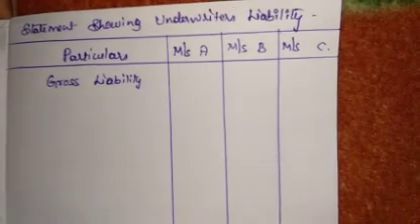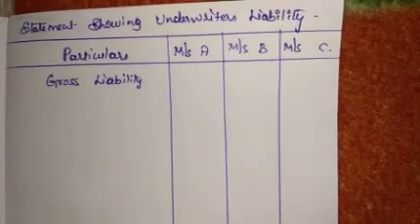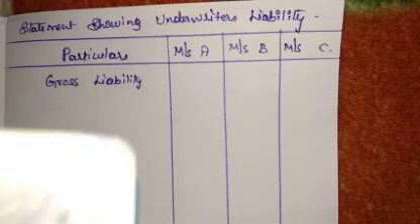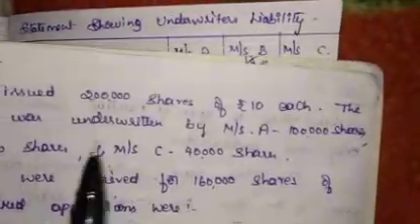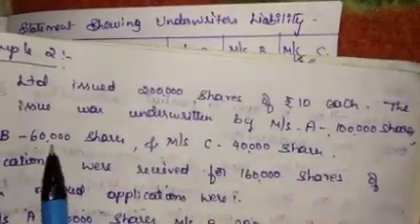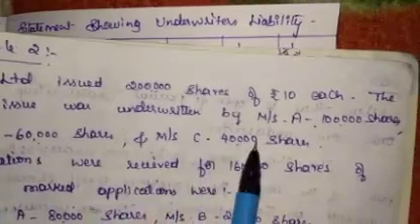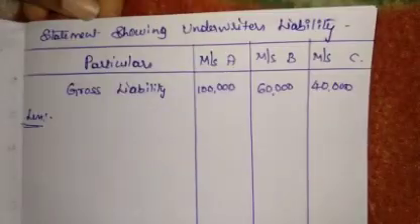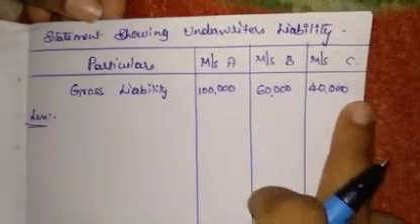Here is a statement. First you have to write a gross liability, that is the shares guaranteed by each of the underwriter. So A guarantees 1 lakh shares, B 60,000, C 40,000. Write it down: 1 lakh, 60,000 and 40,000.